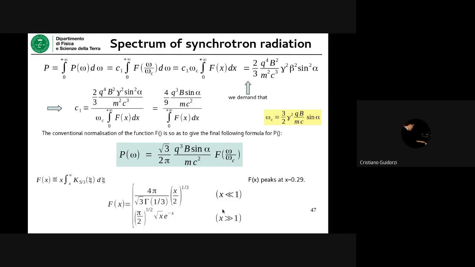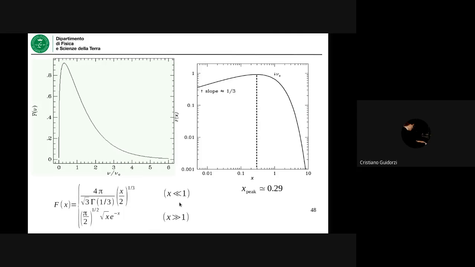Well, in the opposite regime, when you consider energy emitted at a frequency much larger than the critical frequency, you have the square root of the argument, which is cut off by a negative exponential. So let's have a look at what this function looks like. I show here two plots.